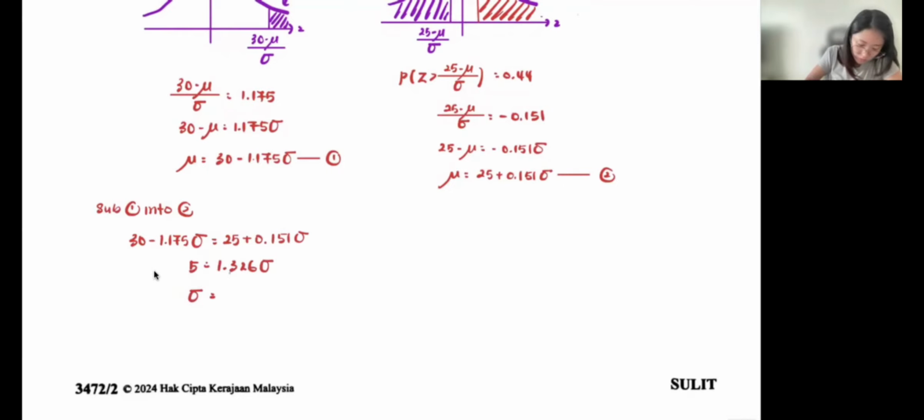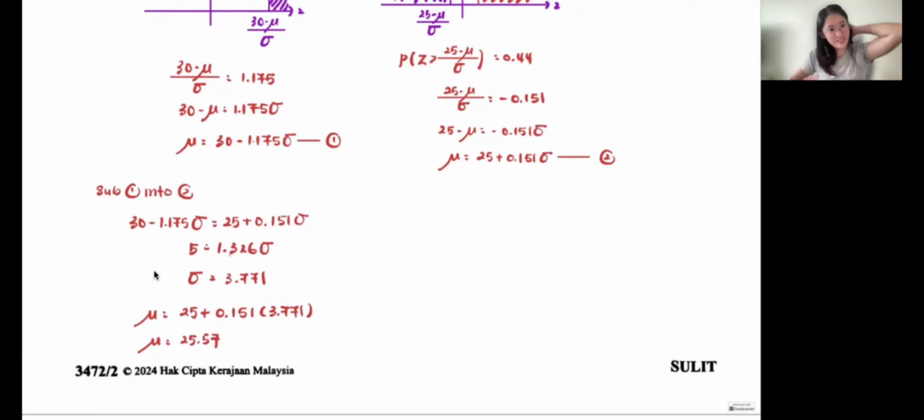So standard deviation equals 5 over 1.326. That gives you 3.771. Don't forget about mean. Let me take the second one, 25 plus 0.151 times 3.771. This is 25.57.